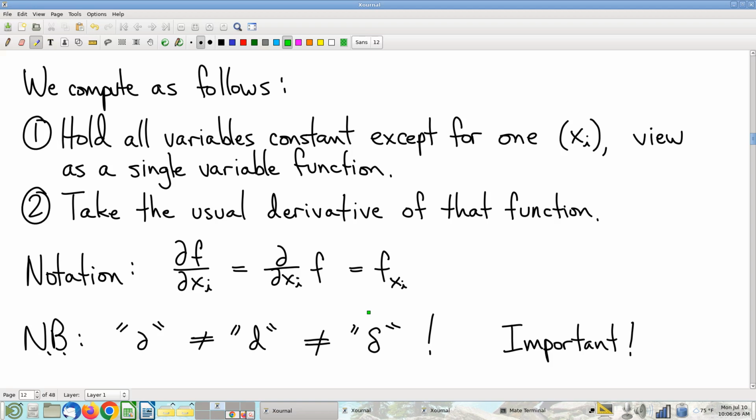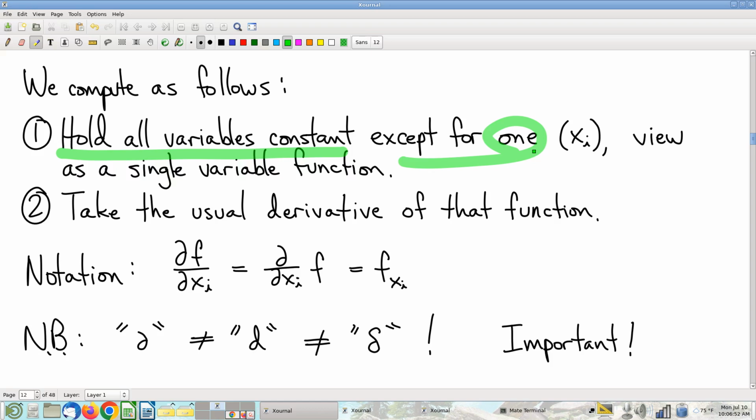So the hacky idea, I'm going to say, is we got a bunch of variables. Let's just pretend that they're mostly constants. Let's pretend that all of them are constant except for just one of them. And, well, then if you've got a bunch of variables but they're not allowed to change, are they really variables anymore?